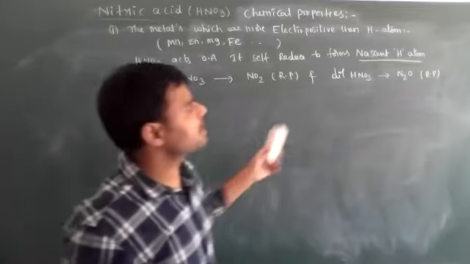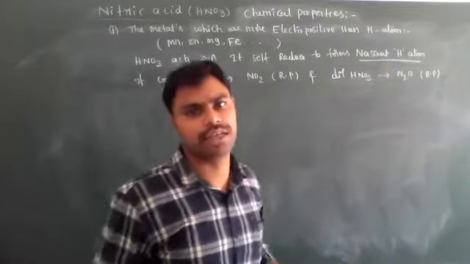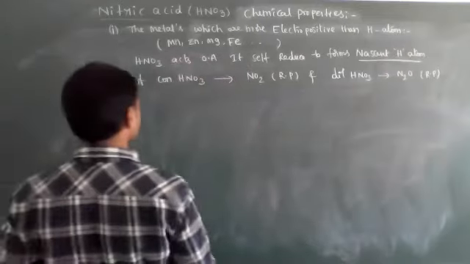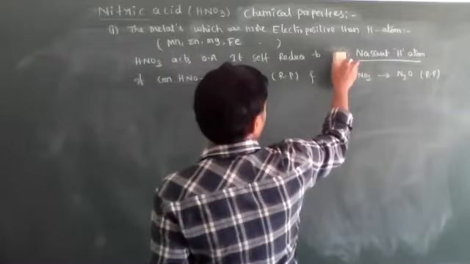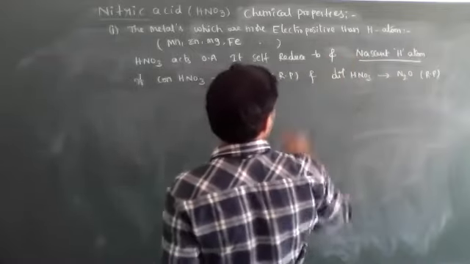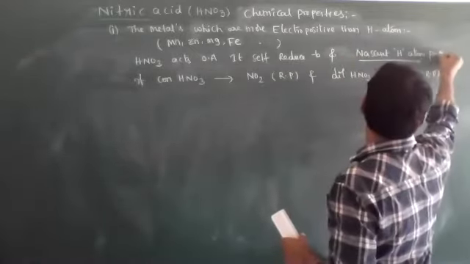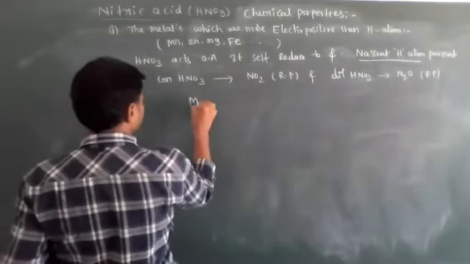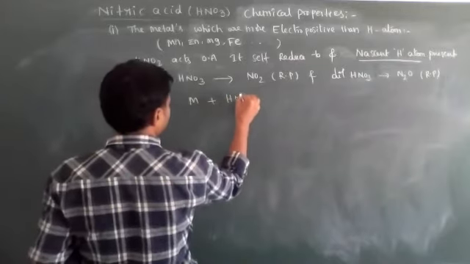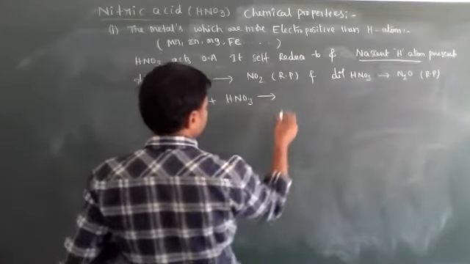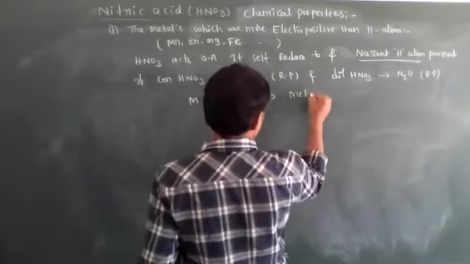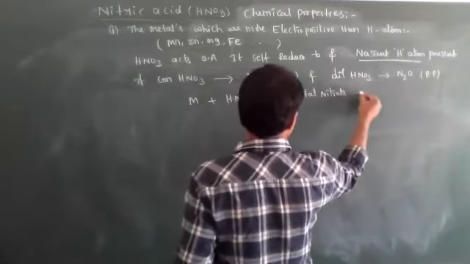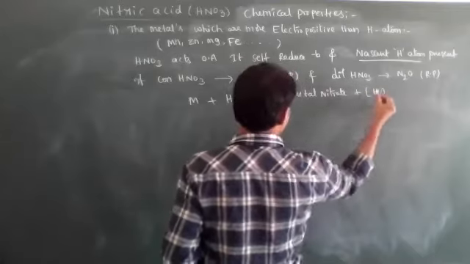In these reactions, nascent hydrogen atoms form. Let's see: metal plus HNO3 forms metal nitrate plus nascent hydrogen.